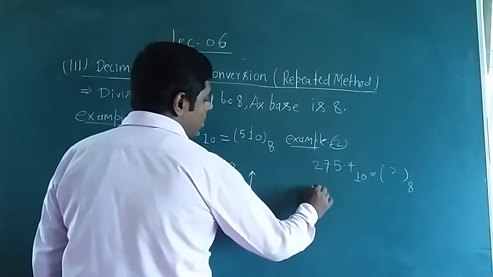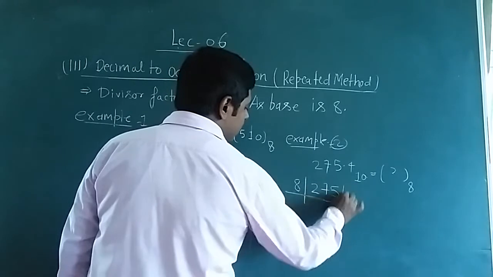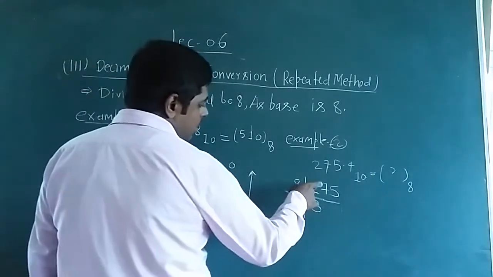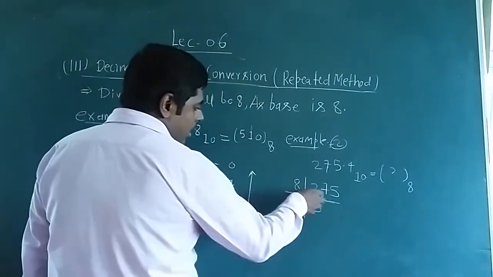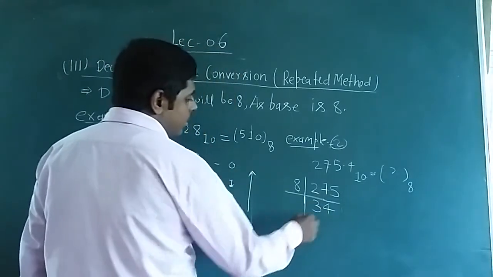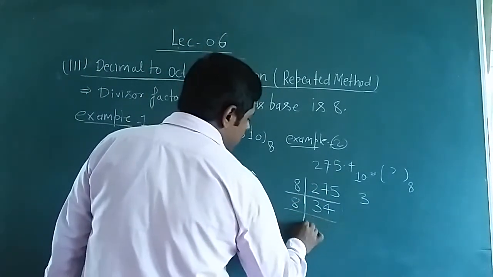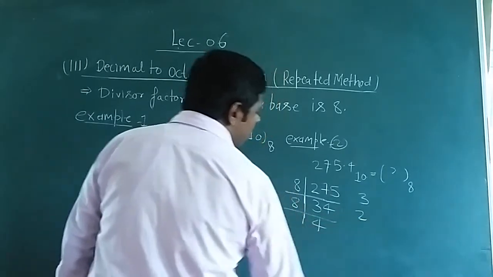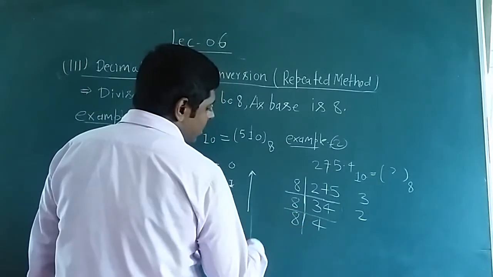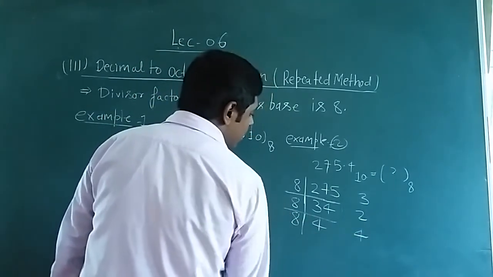So 275 divided by 8. 8 3s are 24, and 3 will be the remainder. 35: 8 4s are 32, and 3 will be the remainder here. 4 is less than 8, so we cannot divide it by 8, so simply we'll write this digit here.